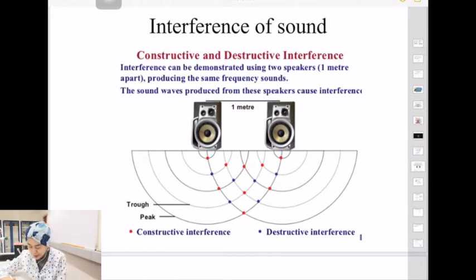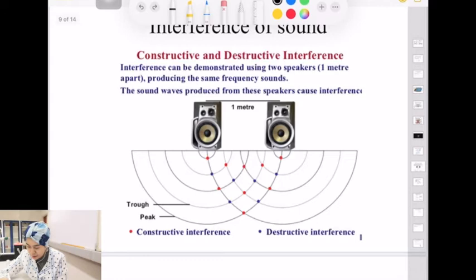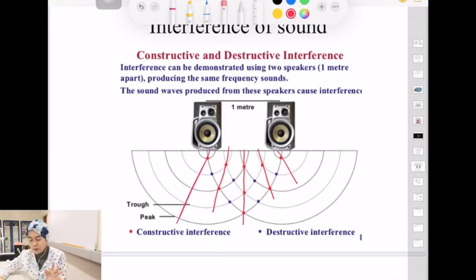Like in this case here, you can see that this red is the constructive interference, okay? And the blue is the destructive interference. So if you draw the nodal and anti-nodal lines, then you'll be able to determine where is the loud sound and where is the soft sound, okay?